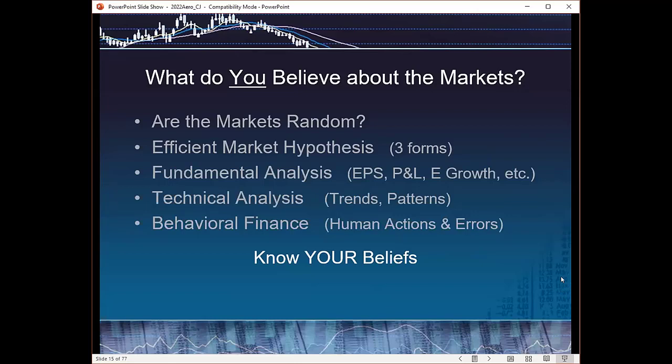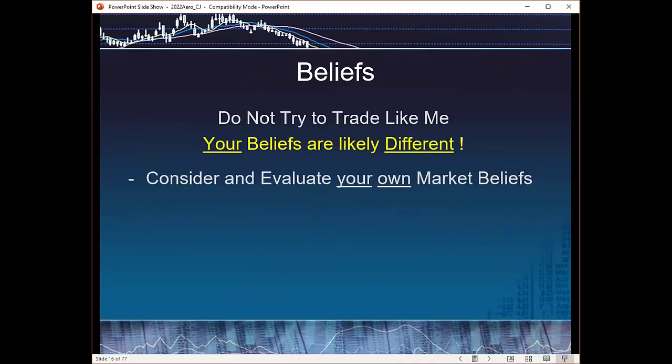The classic example is the turtle traders, an example of that issue with trading a system that you did not develop but someone else did. It's very hard to follow. So the key is, I'm going to share with you today some of my beliefs, but your beliefs are very likely different. So don't take anything I say as being the truth, even though to me it is, but test it yourself.